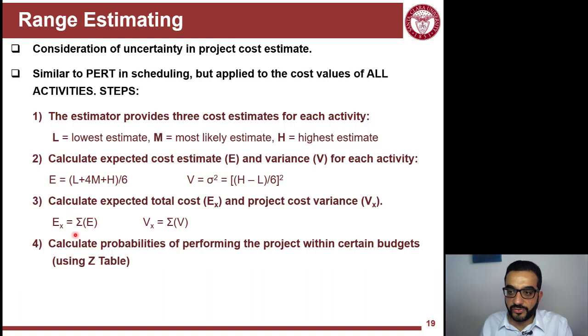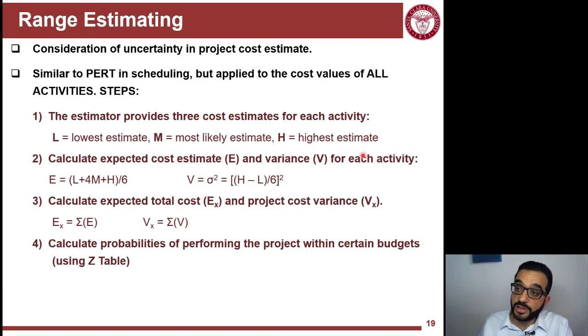So these are the steps, and it's much easier than stochastic scheduling to apply PERT in cost estimating. So first of all, you have to make the 3-point estimate for the cost of each activity or each line item in your bid. So you have the lowest estimate, most likely, and highest estimate.